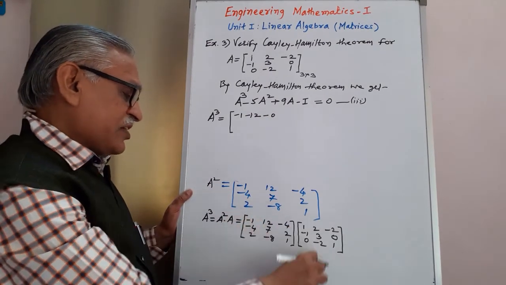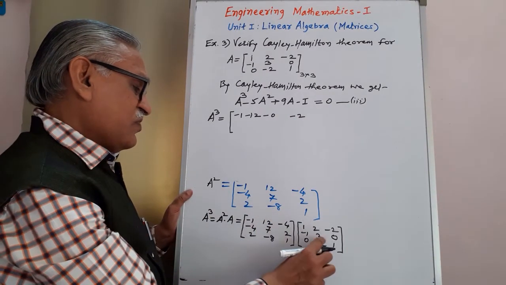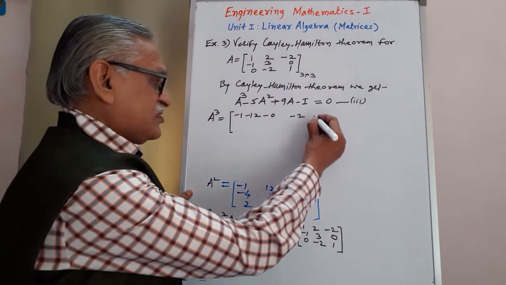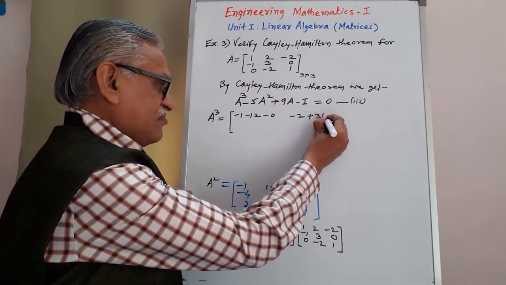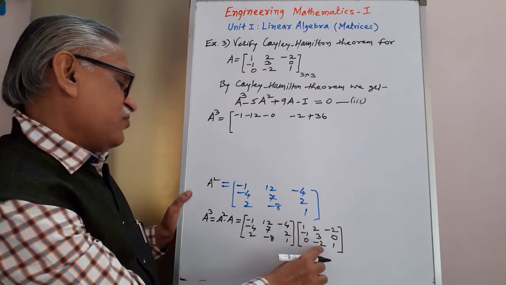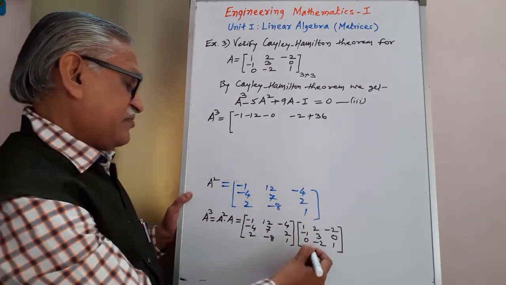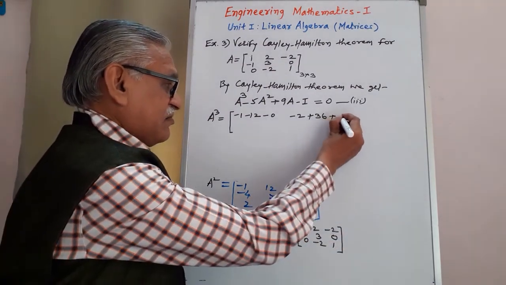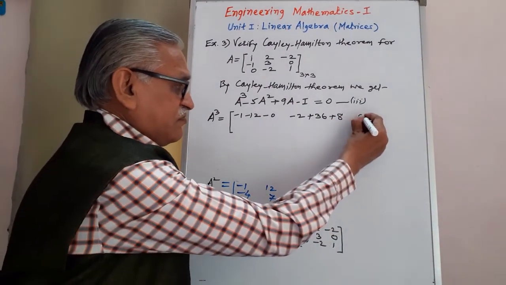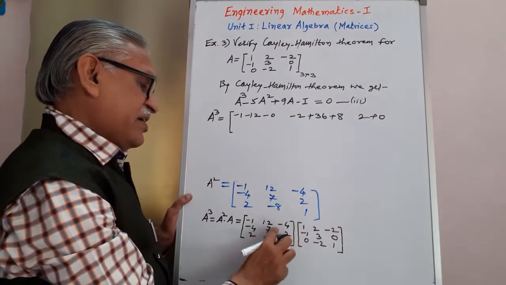Then first row to the second column: minus 2, 12 threes are 36, and minus 4 into minus 2 is 8. Then first row to the third column: plus 2, 0, and minus 4.